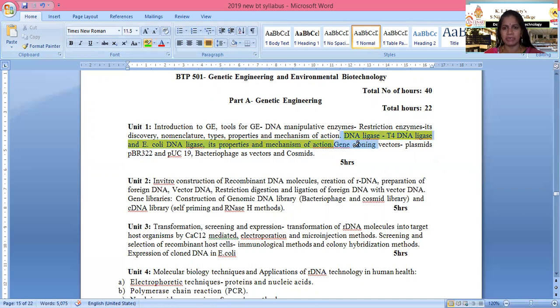In general, you are going to study all the plasmids, but specifically you'll focus only on pBR322 and pUC19. You'll study the general characteristics of all the plasmids. Next, other vectors like bacteriophage as vectors and cosmids you are going to study.